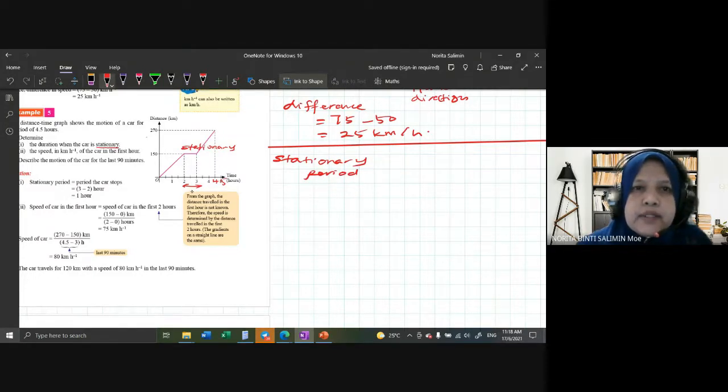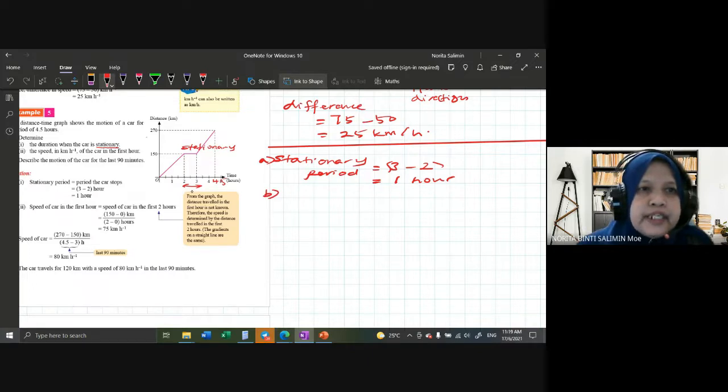How many hours? From hour 2 to hour 3, so this is 1 hour. The car stopped for 1 hour, from the second hour to the third hour. Okay, stationary period.